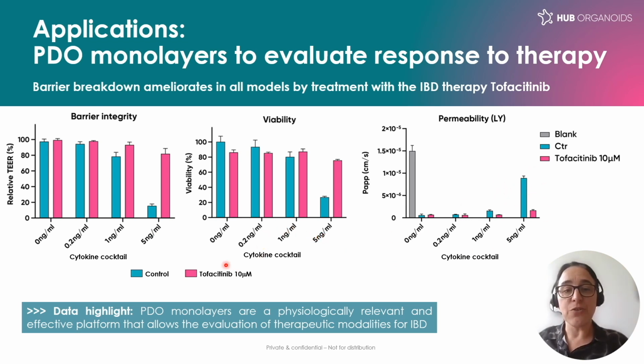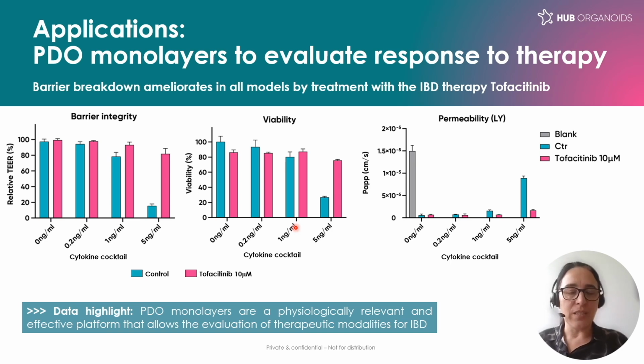We can see that when the monolayers are exposed to tofacitinib, a compound currently used in the clinic and for which some IBD patients have a positive response, the barrier integrity, the viability, and the permeability are restored, using one of the therapeutic modalities available for IBD.